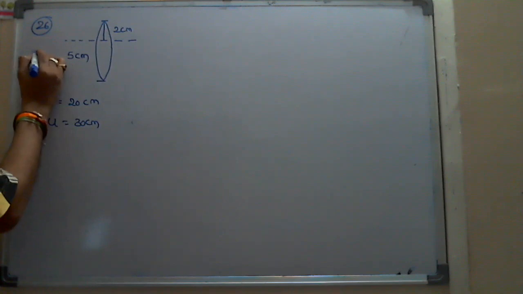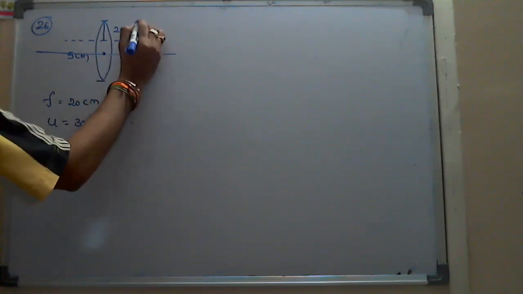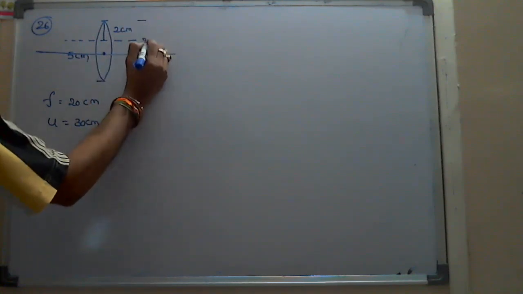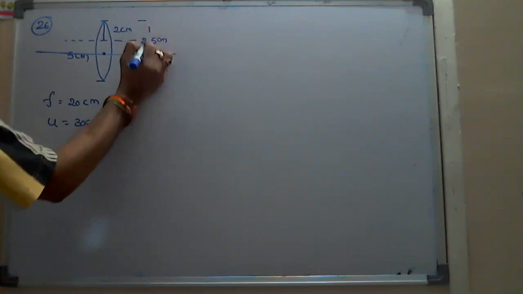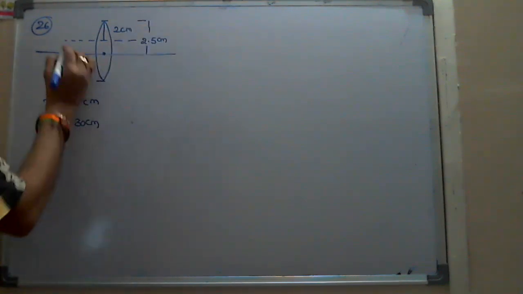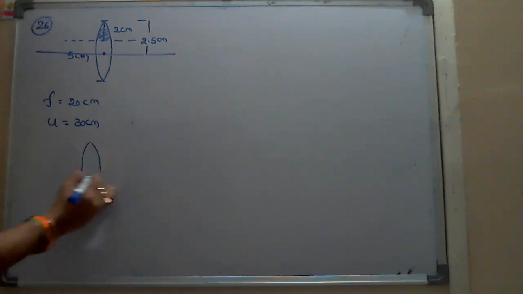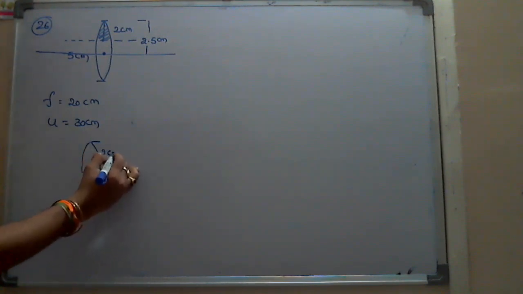But keep in mind, the actual principal axis is at the center, at a distance of 2.5 centimeters from here. Okay, 2.5 centimeters means whatever after cutting, the shaded part, if you take it separately, the shaded part of aperture length is 2 centimeters.